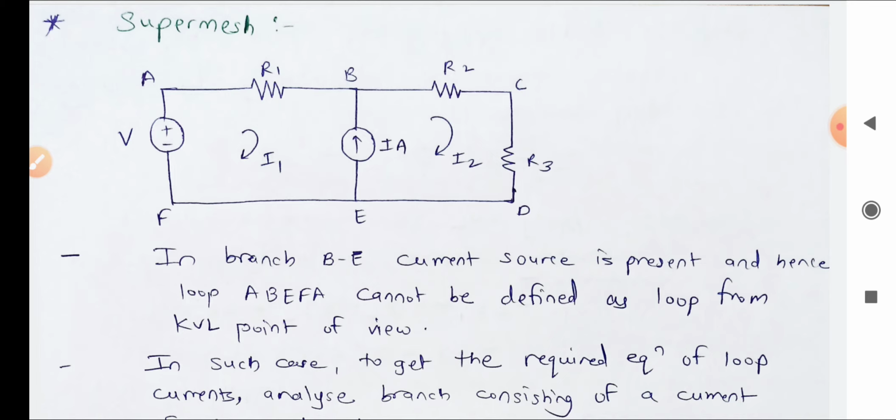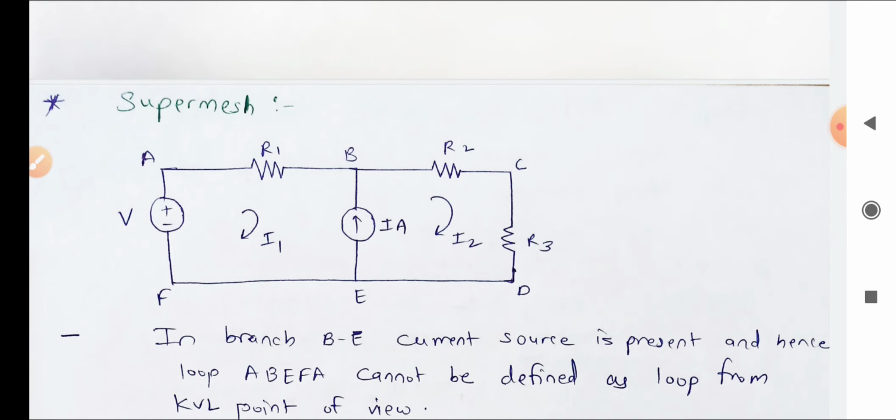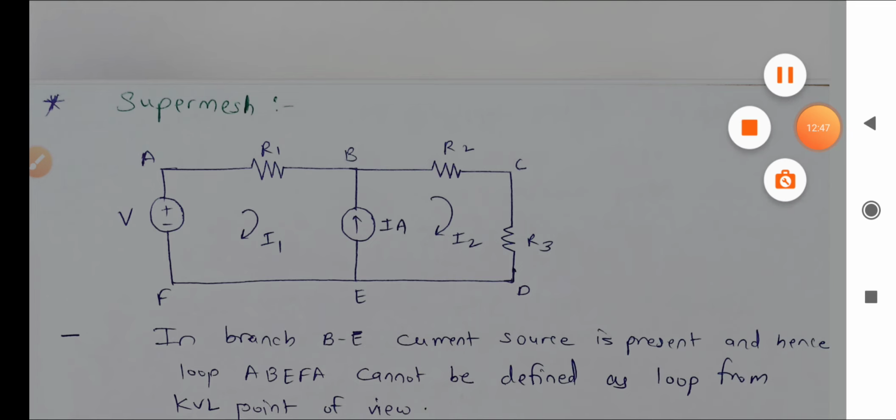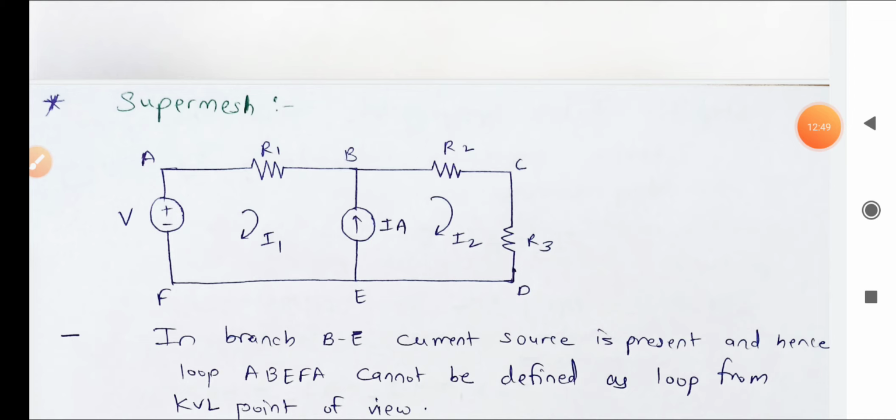Whenever we exclude the current source, first of all we express that current source by using the loop currents present in the network. By writing the current source equation independently, we then exclude that current source branch and apply KVL to the other elements.